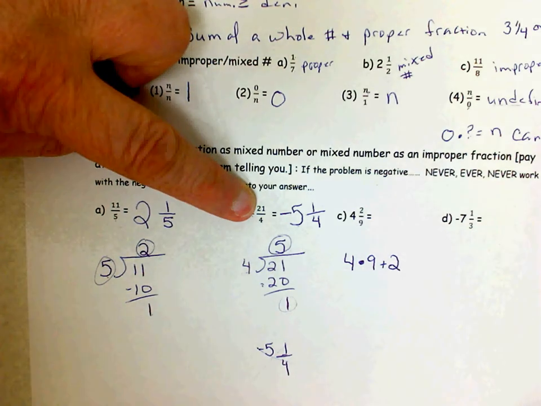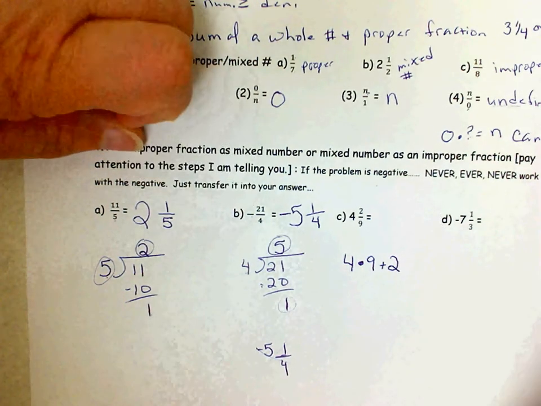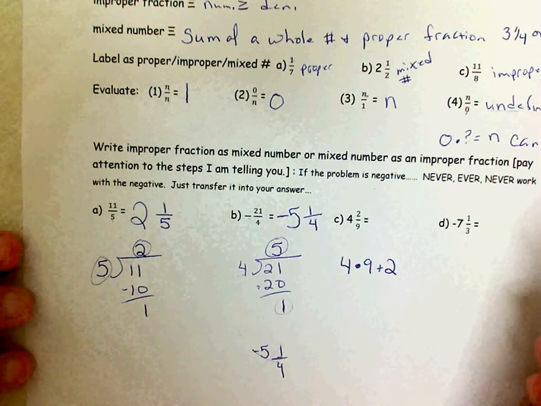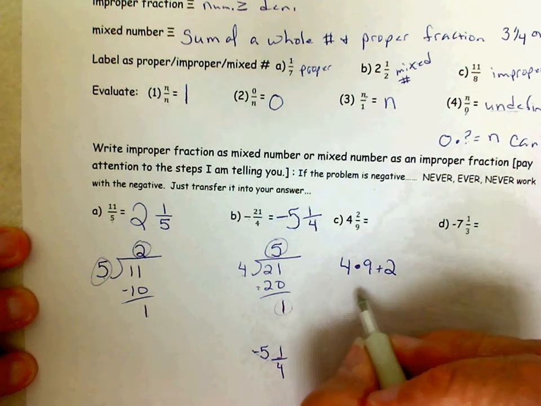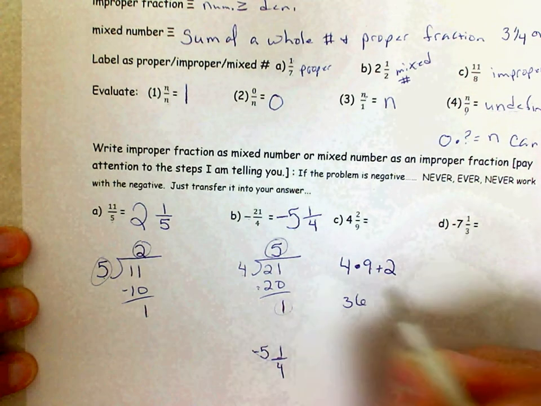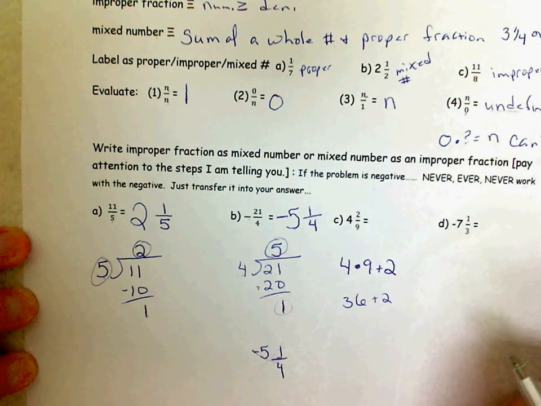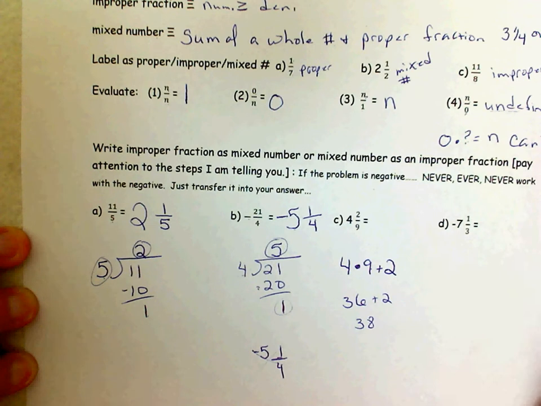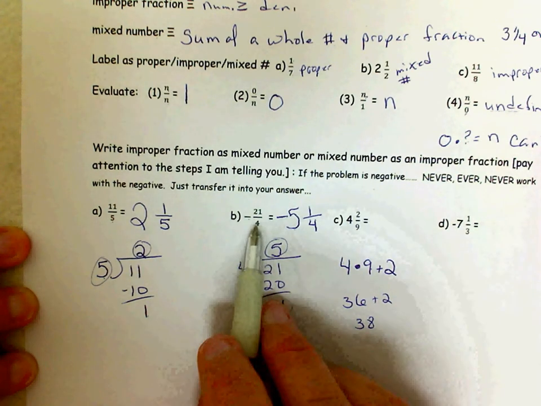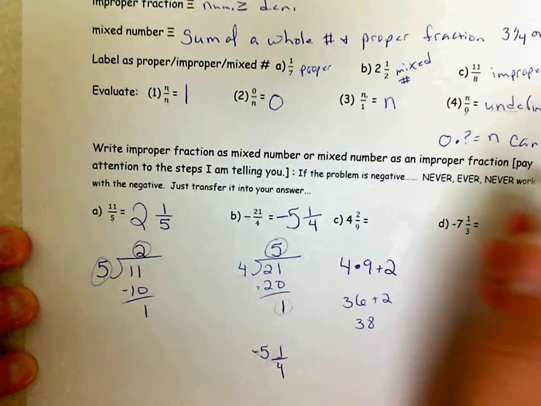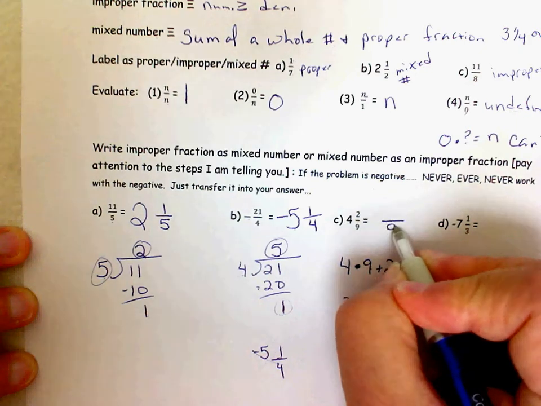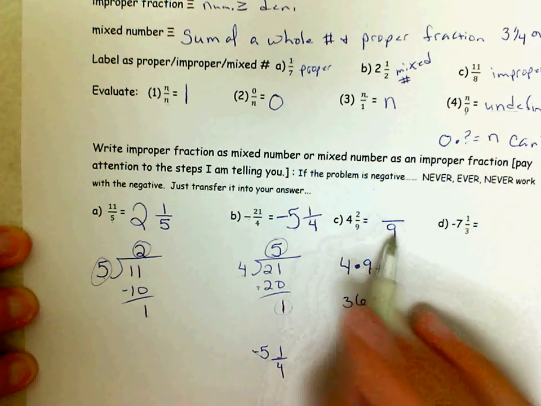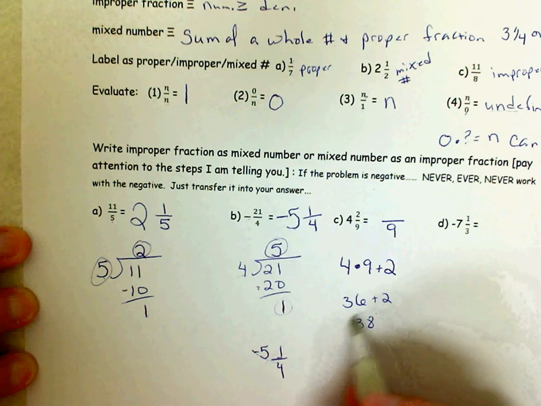Alright? So 4 times 9 is 36, plus 2 gives us 38. Now, just like here, the denominator stayed the denominator. Same thing here. The denominator stays the denominator. And now, this becomes my numerator.